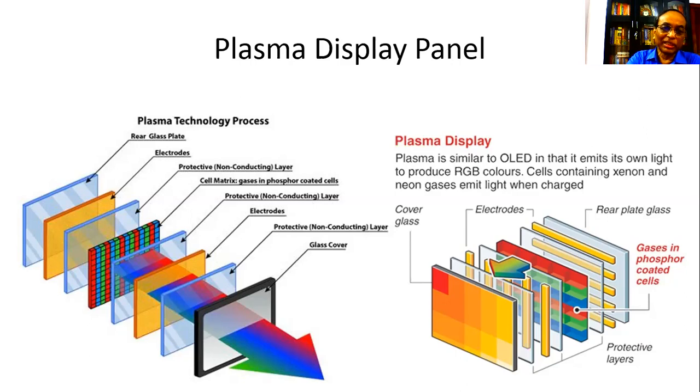At the center is the cell matrix, gases in phosphor-coated cells. So there are the cells, and those are gas filled. There is a protective non-conducting layer on both sides of the cell matrix.